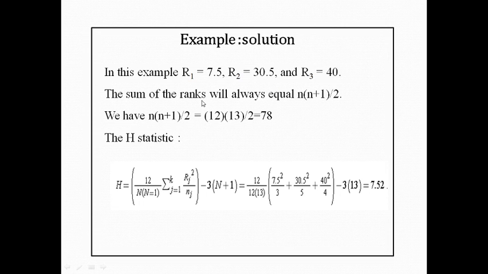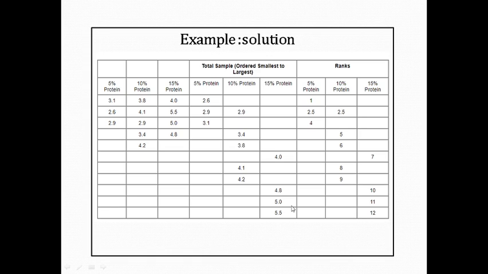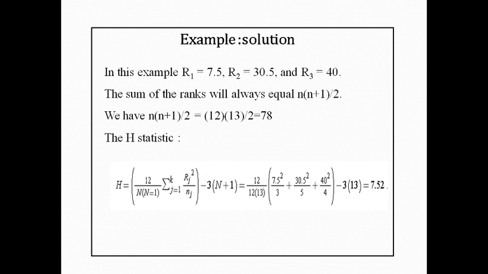The sum of the ranks should always equal n into n plus 1 by 2. Here n is 12, the total number of observations. So 12 multiplied by 13 divided by 2 is 78. And 40 plus 30.5 plus 7.5 is 78.